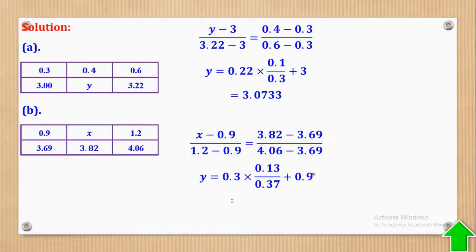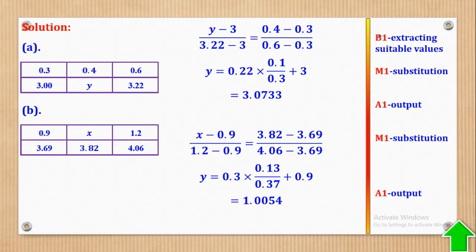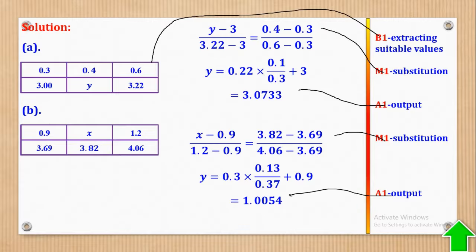When I use a calculator, I'll come up with 1.0054, and basically that is what they wanted. So this B1 is for extracting out the suitable values from the table, M1 is for the substitution, A1 for output, M1 for substitution, A1 for output.